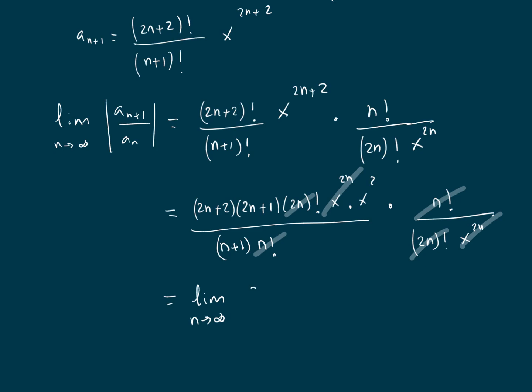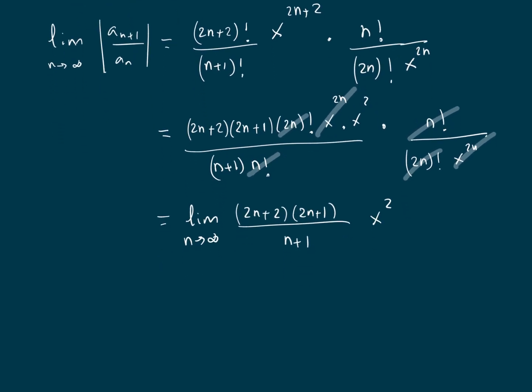So it's 2n plus 2 multiplied by 2n plus 1 divided by n plus 1 multiplied by x squared. What is this limit? This limit is equal to x squared times the limit when n goes to infinity of this expression.